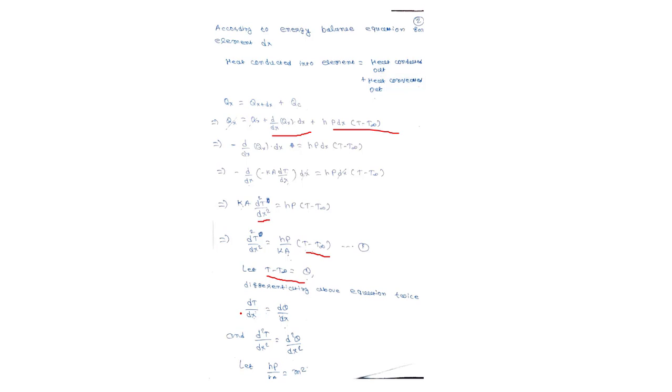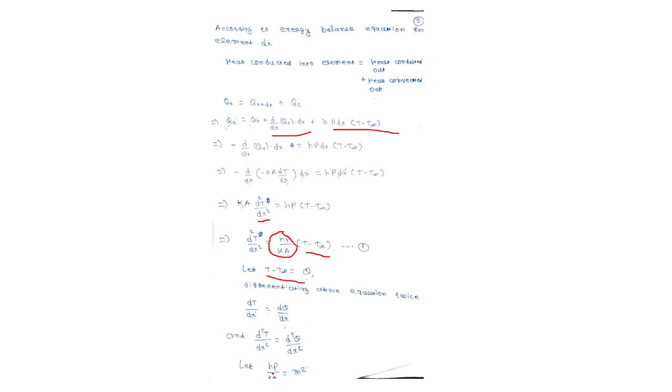Again differentiating this term we get d square T upon dx square is equal to d square theta upon dx square. So we get a new term in terms of theta, d square theta upon dx square.